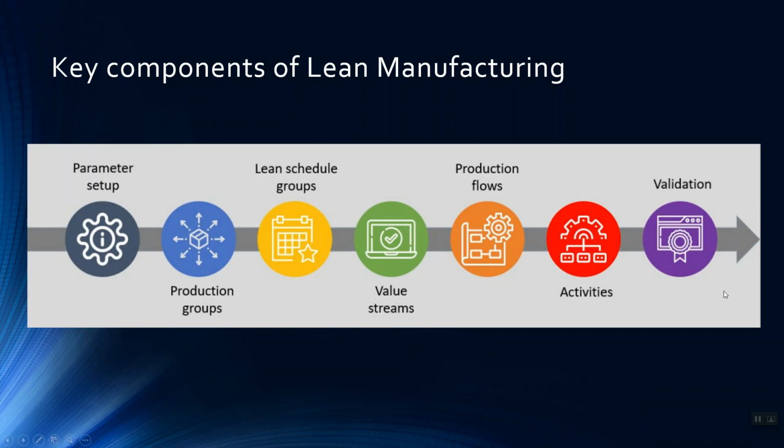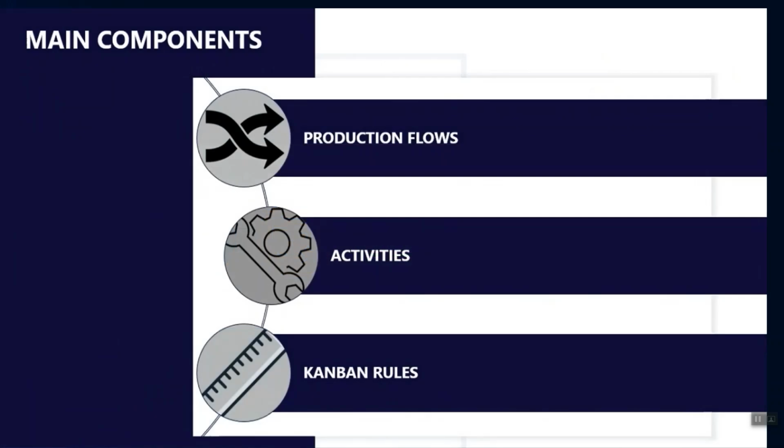So in order to improve your shop floor efficiency, you can go with lean manufacturing. So three main components, if I say: the first is production flow, second is activities, and third is Kanban rules. So if you configure all these three and integrate them effectively, your orders will get automatically created.